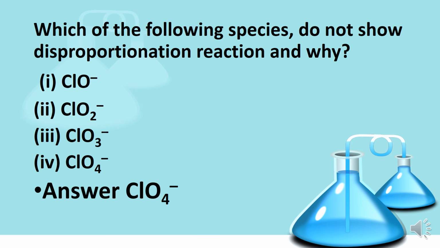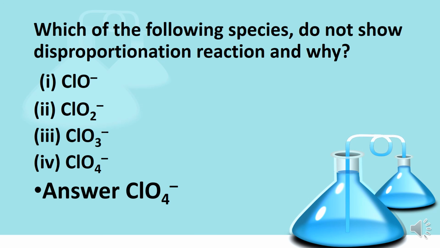So for this, you have to calculate the oxidation number of chlorine in all these species, and when you calculate the oxidation number, you will see that the oxidation number of chlorine in ClO4 minus is +7.